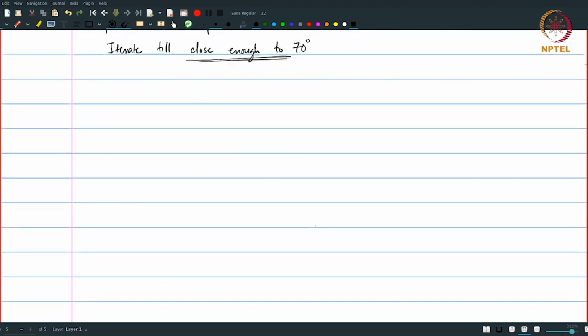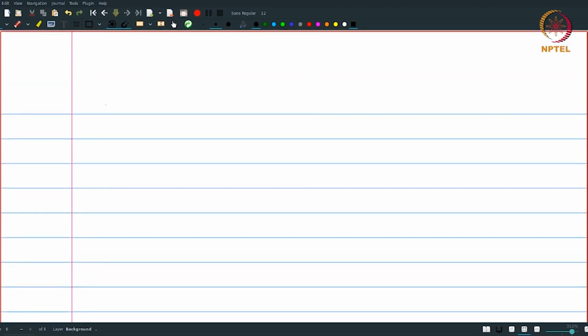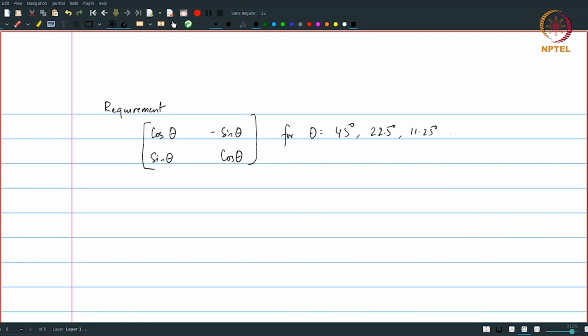So what is required for this? It's those rotation matrices, right? So I have cos theta minus sin theta, cos theta, for theta equal to 45 degrees, 22.5 degrees, 11.25 degrees, and so on, right?